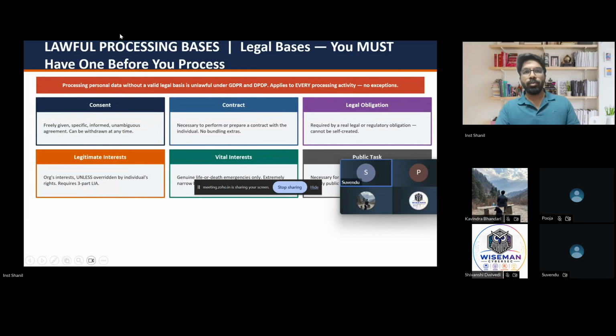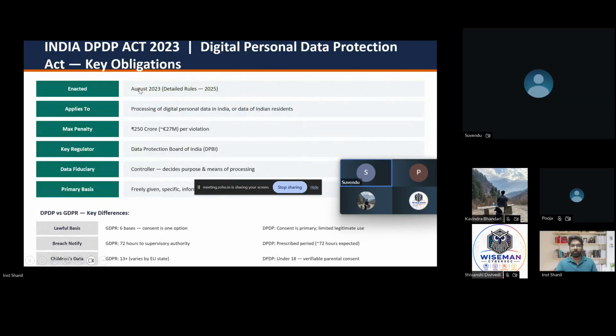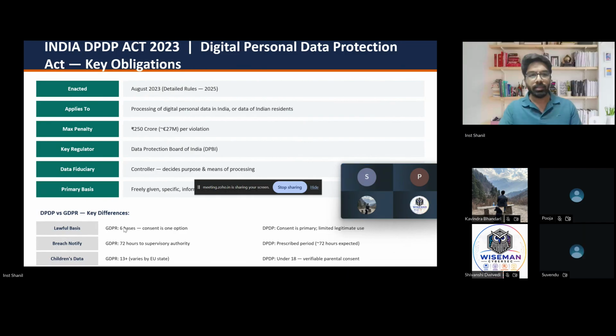Going back to the previous slide: the GDPR has six bases, and consent is one option. What does that actually mean here? GDPR has six bases on which the GDPR Act can be invoked, right? So consent is one option. For example, if you haven't given your consent and still the company is using your data, you can file a case with the GDPR authority.